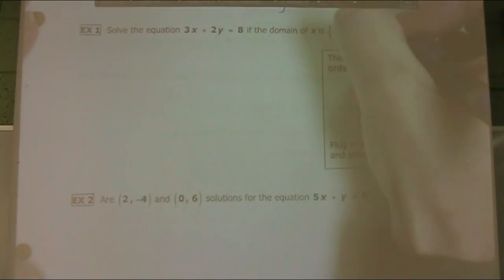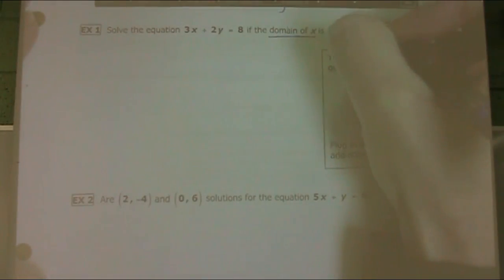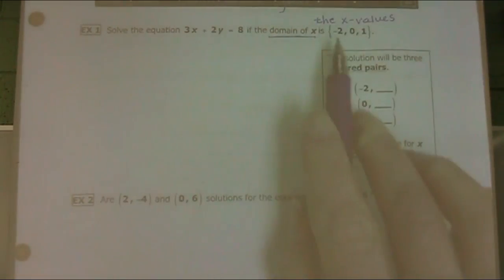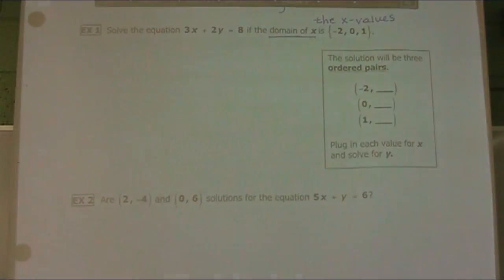What this means when we say domain of x just means the x values. So in other words, these are going to be the values for x that we're going to use, and we're going to figure out what y's go with them. Every value of x has a y that goes with it.